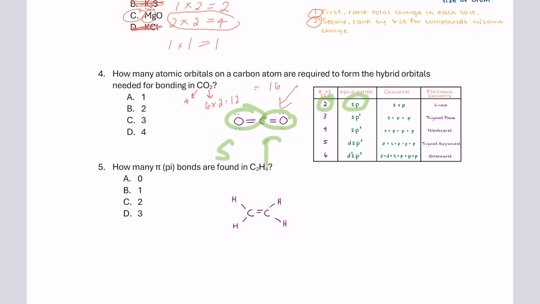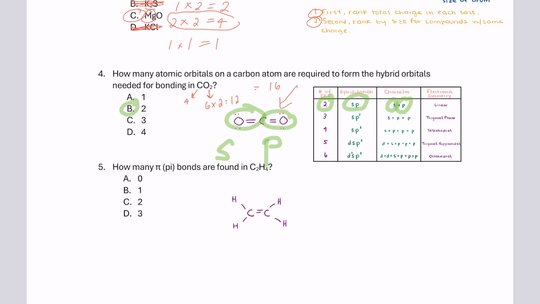To form sp hybridization, we're going to take an s orbital and 1 of the p orbitals, and they're going to be hybridized to give us sp hybrid orbitals. So we need 2 atomic orbitals to form the sp hybrid orbitals, which means the correct answer is B.